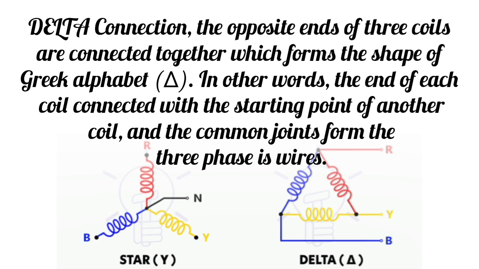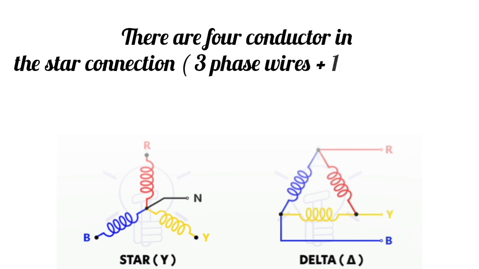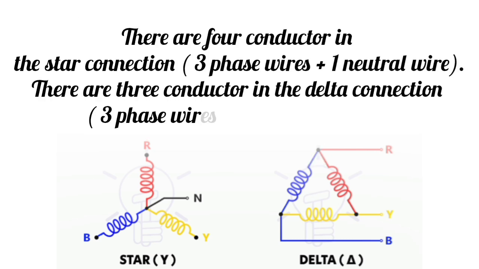In other words, the end of each coil is connected with the starting point of another coil, and the common joints form the three-phase wires. There are four conductors in the star connection: three-phase wires and one neutral wire. There are three conductors in the delta connection: three-phase wires.